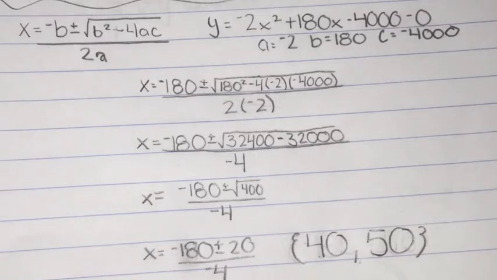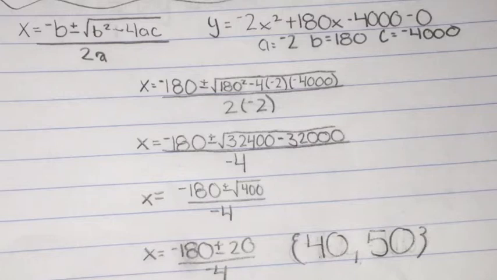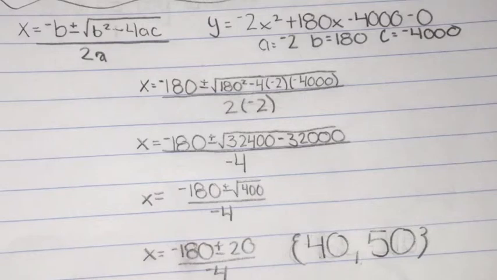Now you need to subtract the numbers inside of the square root, which equals 400. So far the equation should look like x equals negative 180 plus or minus the square root of 400, divided by negative 4.